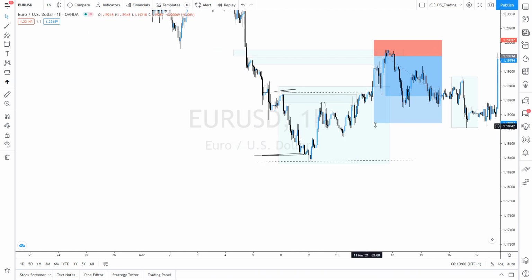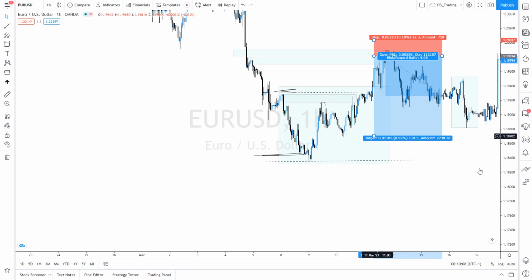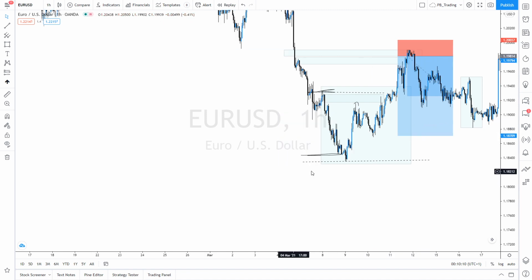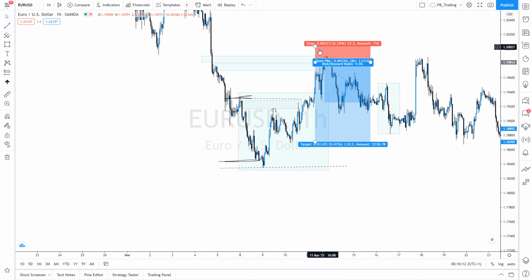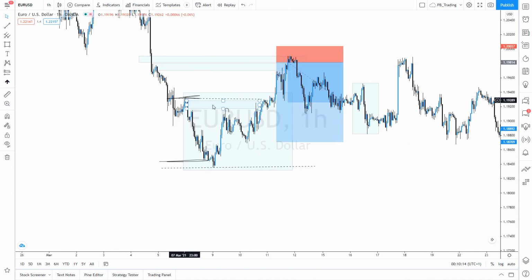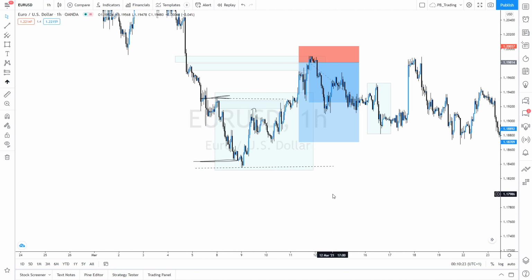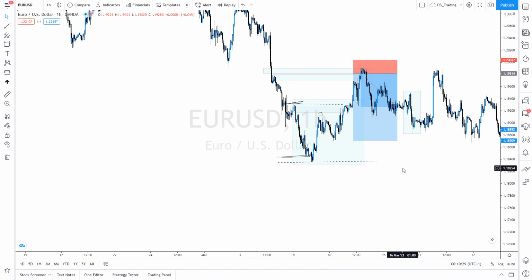You could always target price coming back into structure, because most often than not, when you have price taking out our daily high or low and moving into a premium or discount sensitive area, price pulls back into the daily range. So you could always make out targets back within our daily range.